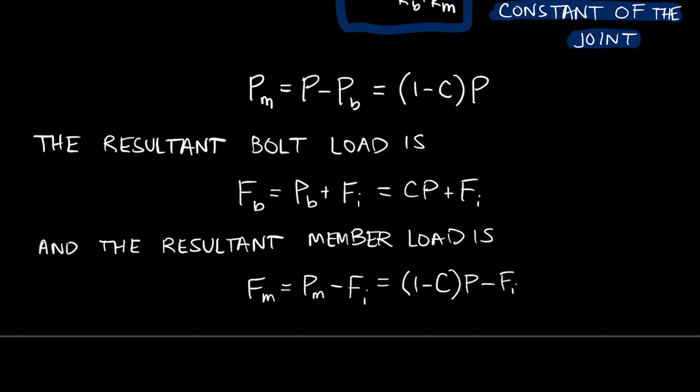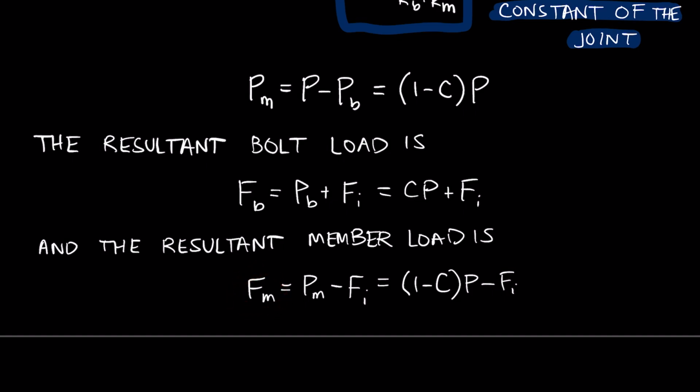Now remember that for the members, the portion of the external load that goes to the members is tensile, so that's positive, but the preload causes a compression of the members, and so we have to subtract that off. And also we established that the portion of the external load that goes to the members is just equal to 1 minus the stiffness constant of the joint times the total external load, and then subtract off the preload to get your total resultant member load.